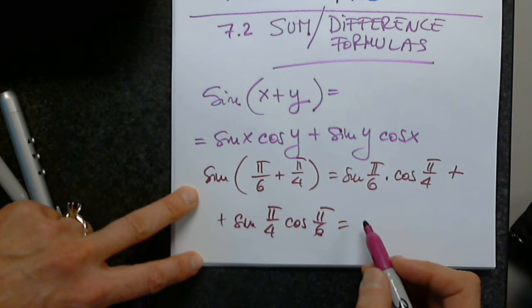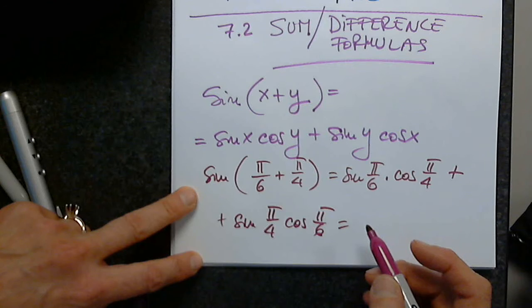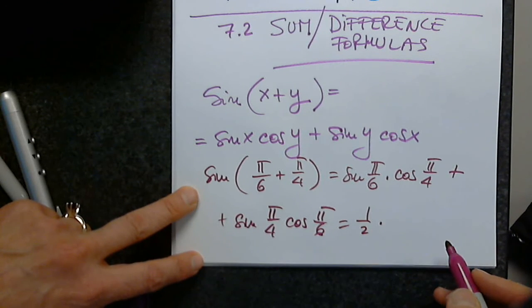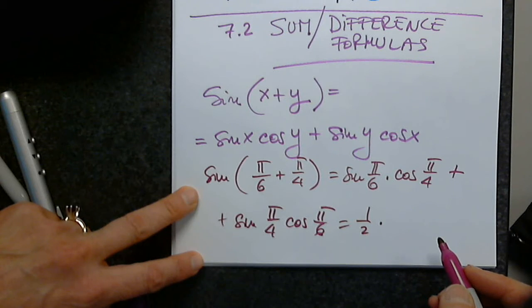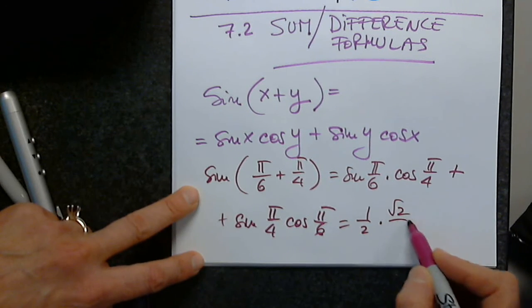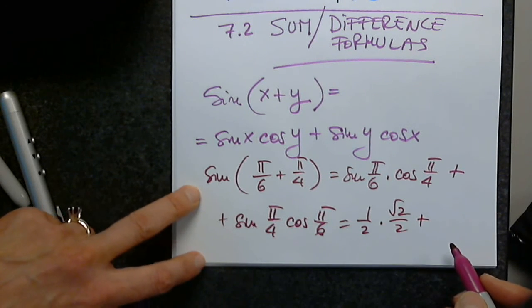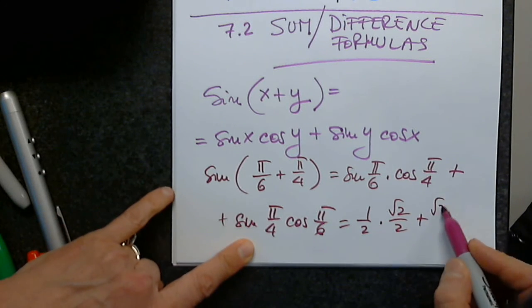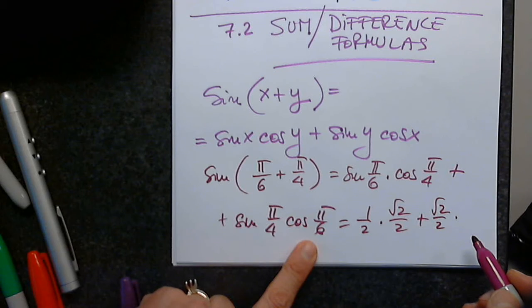Yes? So sine pi over 6 or sine 30 is? Very good. Multiplied by cosine pi over 4. That's it. Plus, see, we are reviewing for the test. Sine pi over 4. And cosine pi over 6. It's not 1/2.